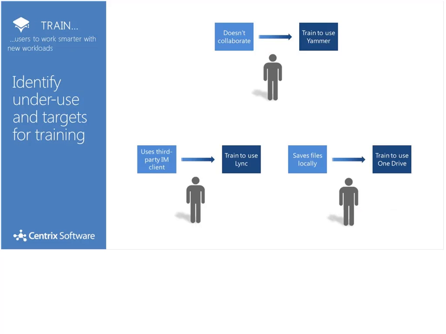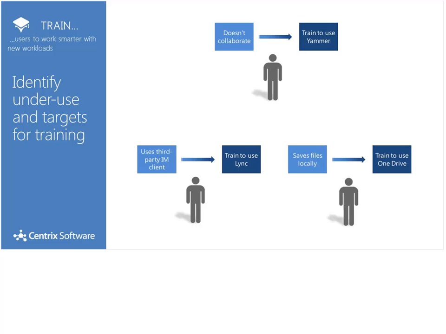So if you provide Yammer, for example, the collaboration tool that is provided within Office 365, it's a great tool to allow your users to post any particular things that have been happening at work, feedback, anything like that. But what you'll most likely find is that if you just provide that to people and don't get them trained up, then they may well not actually use that, may well not collaborate.